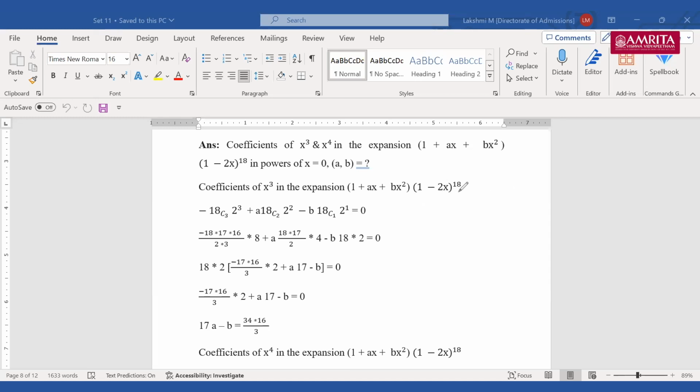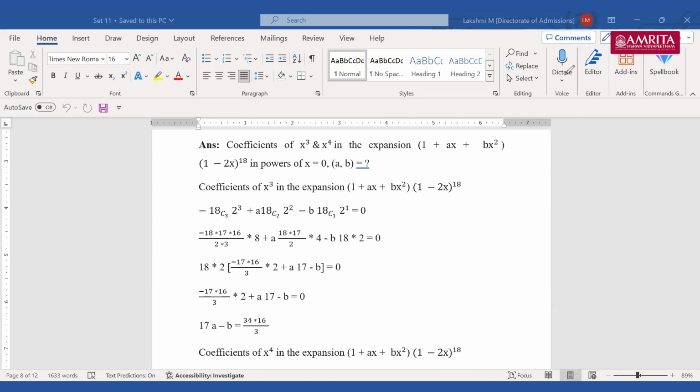So the coefficient of x cube, right? First is 18C3 and it will be 2 cube. Then a into 18C2 2 square. It's alternating negative, so minus b into 18C1 2 raised to 1. You'll solve and you'll have an equation with two unknowns, a and b.